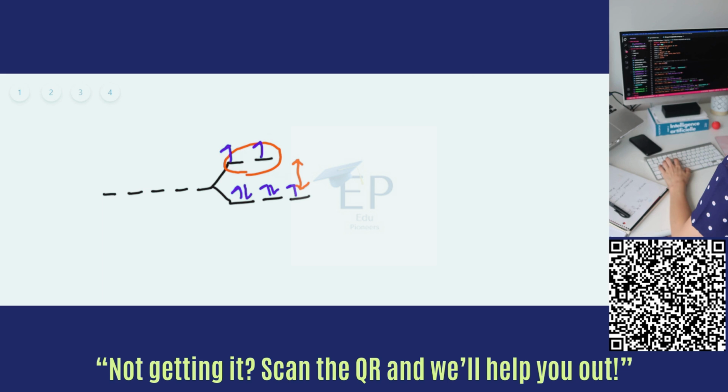So in this case, we have the possibility of having maximum unpaired electrons. So if we have weak field ligand, that means that we will have maximum number of unpaired electrons, and that will result in a high spin complex.